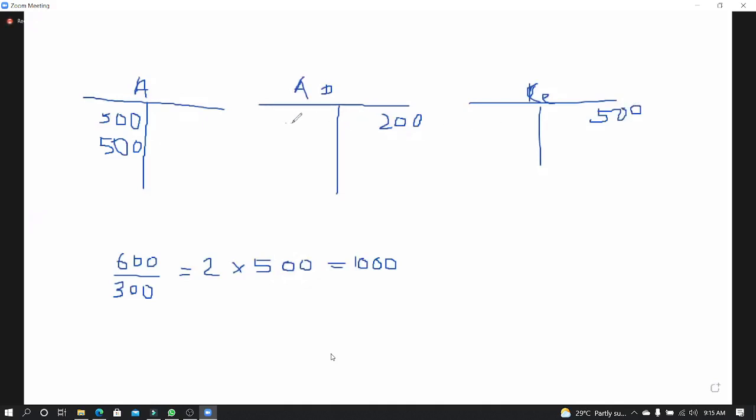Then we again transfer the accumulated depreciation to the... no, this is wrong.